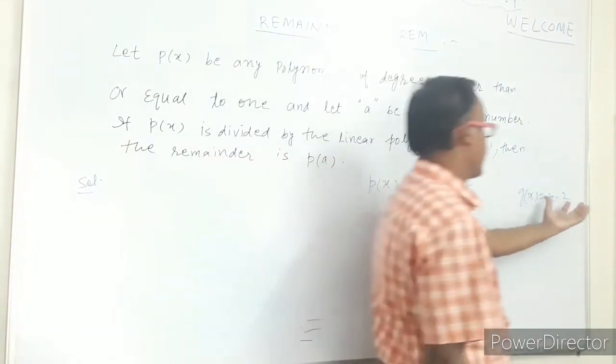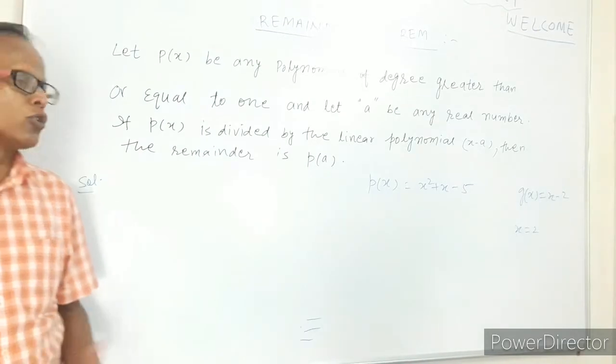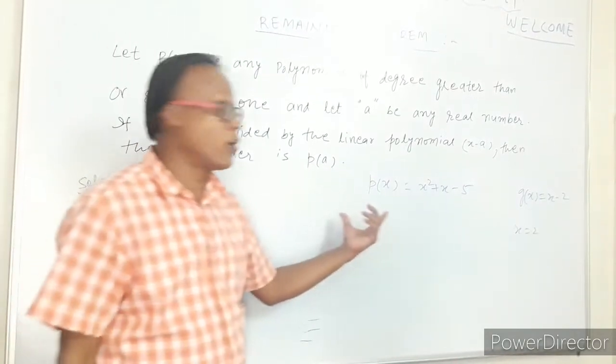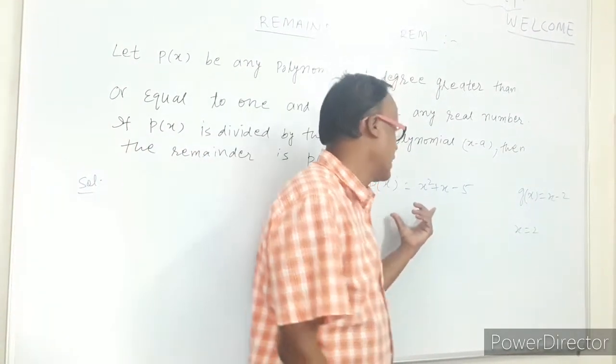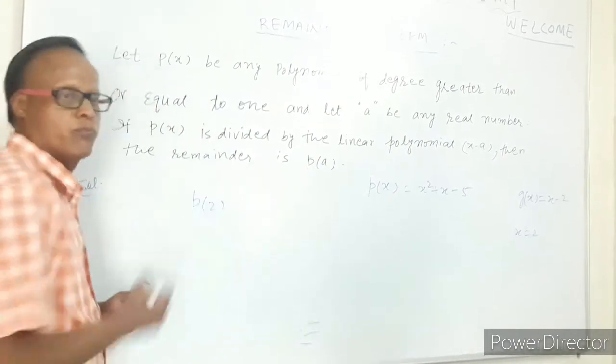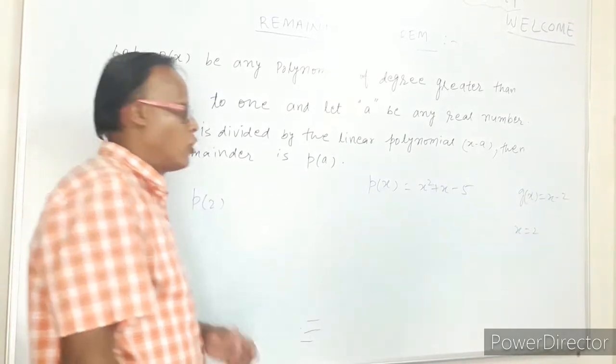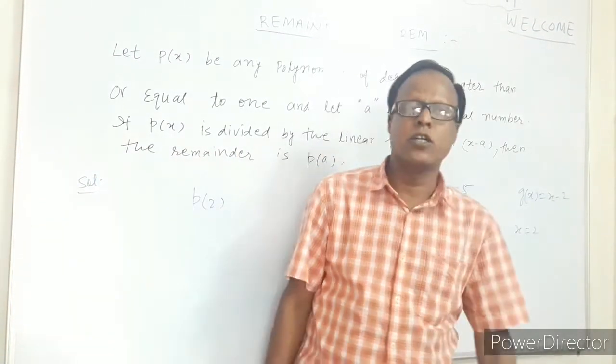If you put x minus 2 equal to 0, what is the value of x? It comes out 2. So the remainder of the given polynomial is P2.